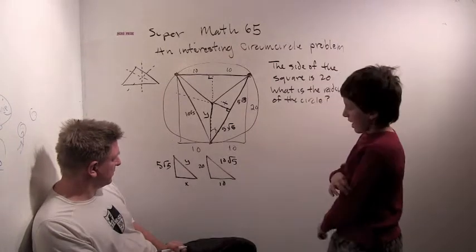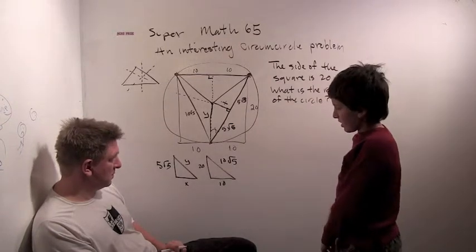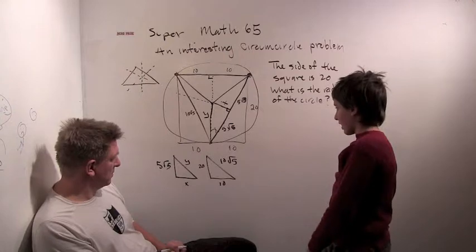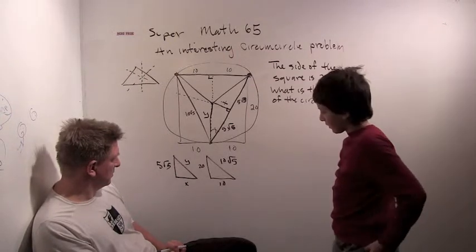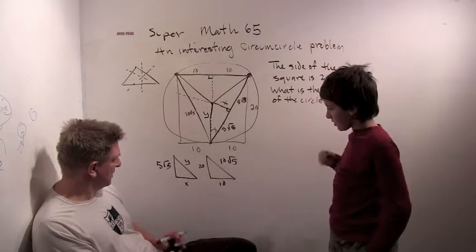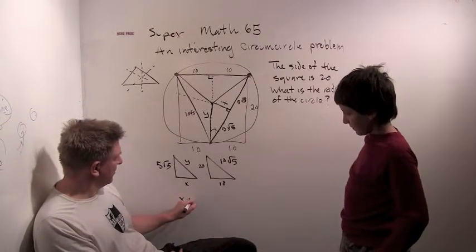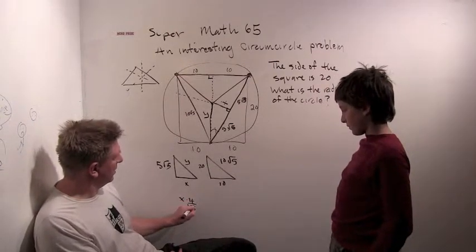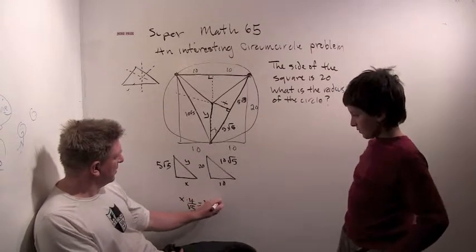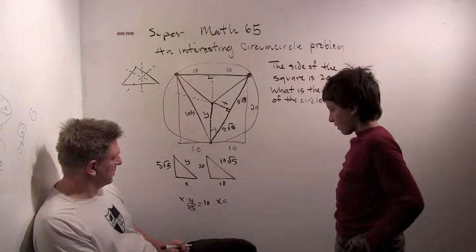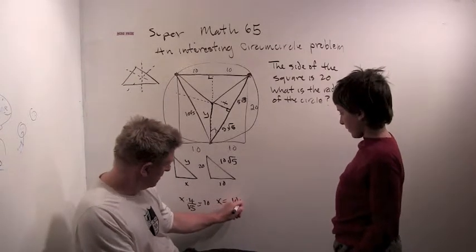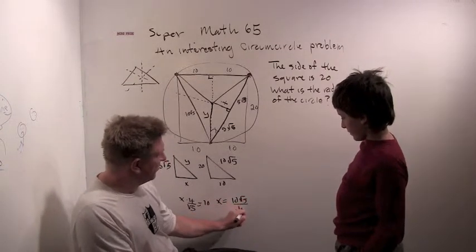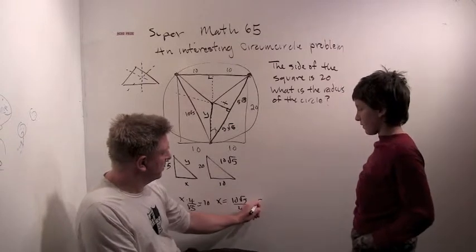So that means the x times 4 over root 5 is 10. So x equals what? Well, 4x is 10 root 5. It's 10 root 5 over 4. And how does that simplify? It's 5 root 5 over 2.